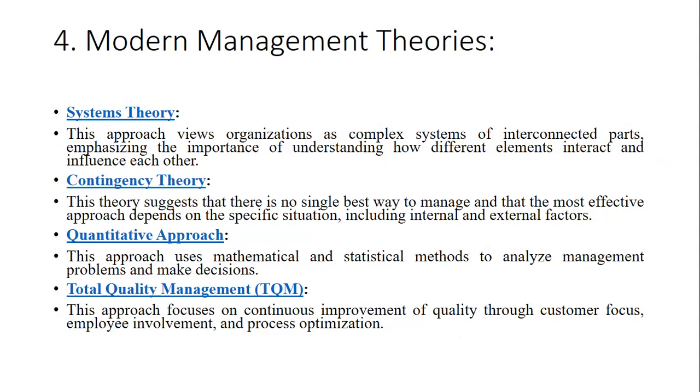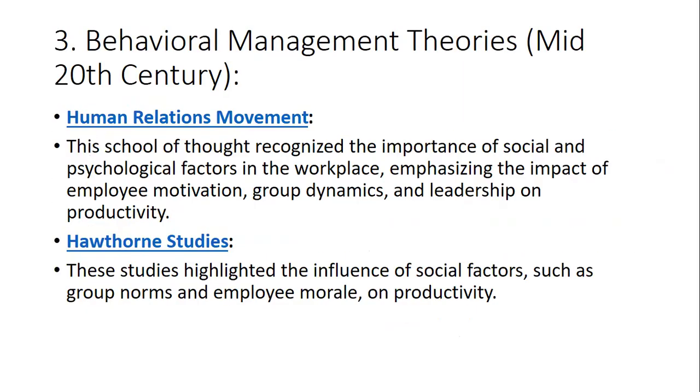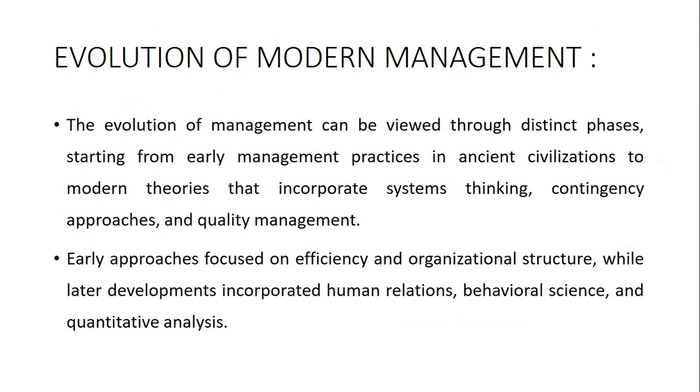This approach focuses on a continuous improvement oriented approach to quality through customer focus, employee involvement and process optimization within the workplace system. So these are the different approaches of management practice under the evolution of modern management.